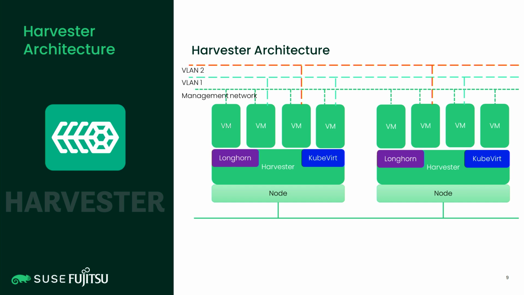But that Longhorn is intended to take the disks in the physical node and make them available to the VMs. Right? And that is the bundled Longhorn with Harvester, and that's part of the Harvester product included.